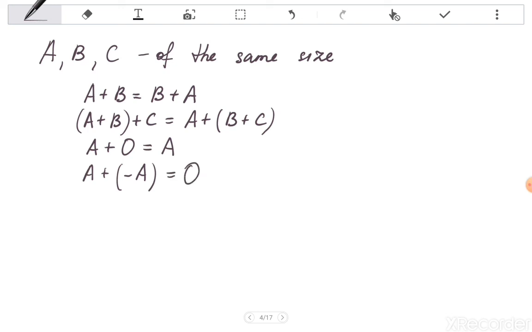Also, the distributivity property for scalar multiplication. Assume that lambda is some number.